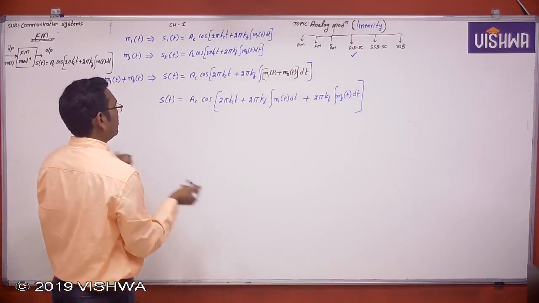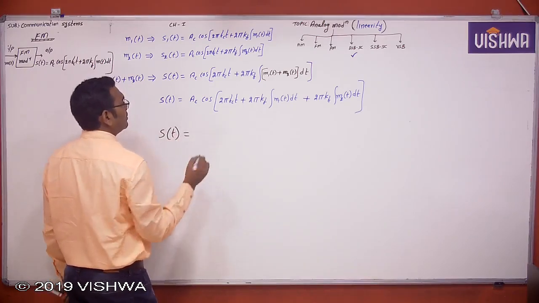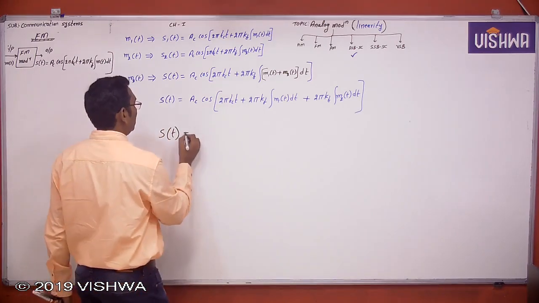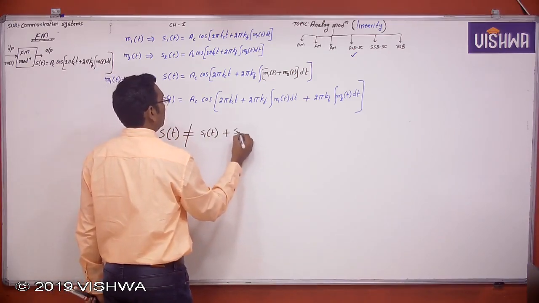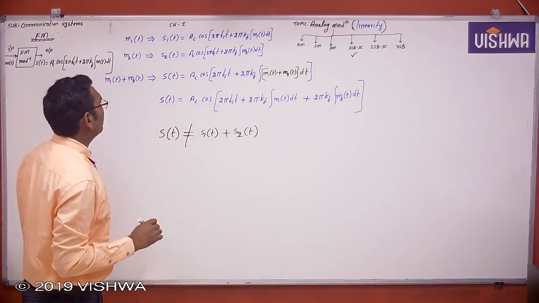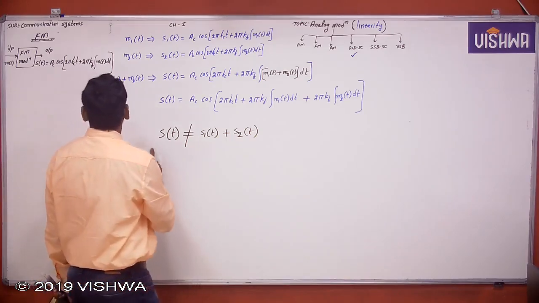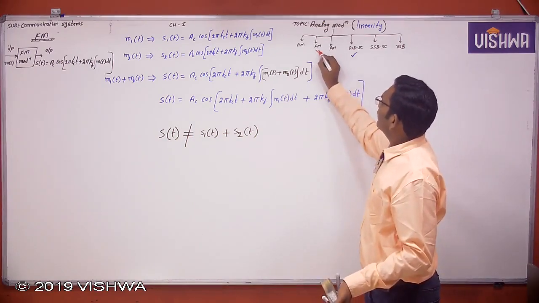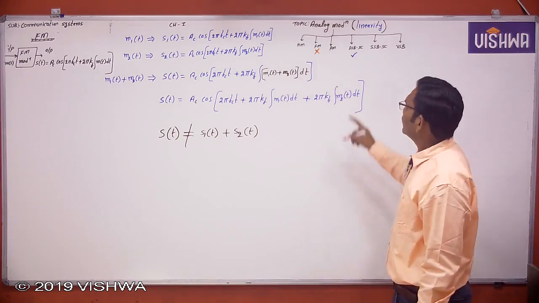Now this is s of t, which you cannot write as s1 of t plus s2 of t. S of t is not equal to s1 of t plus s2 of t. Therefore now this FM is not a linear modulation, this is a non-linear modulation. Understand now? Now this FM is a non-linear modulation, right?